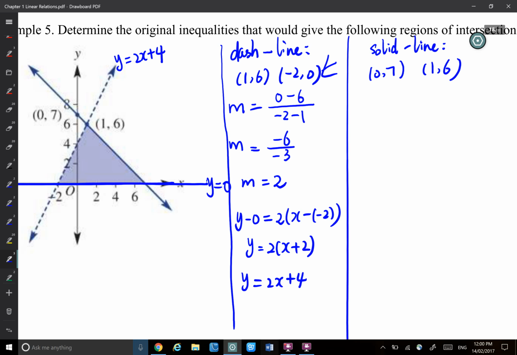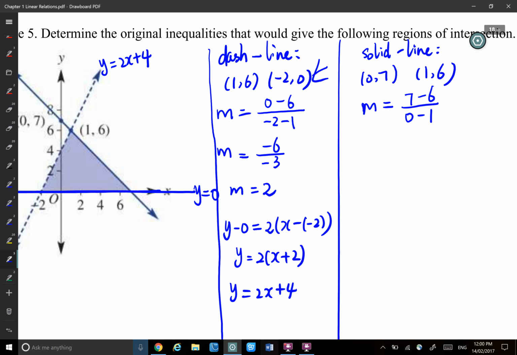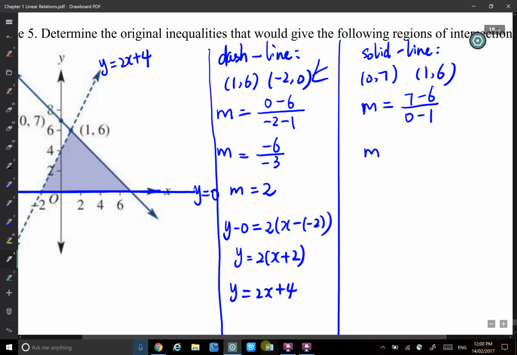With 2 points, I don't know the gradient yet, so I need to work it out. The gradient equals 7 minus 6 over 0 minus 1, that is y2 minus y1 over x2 minus x1. So m equals 1 over negative 1, m is negative 1.